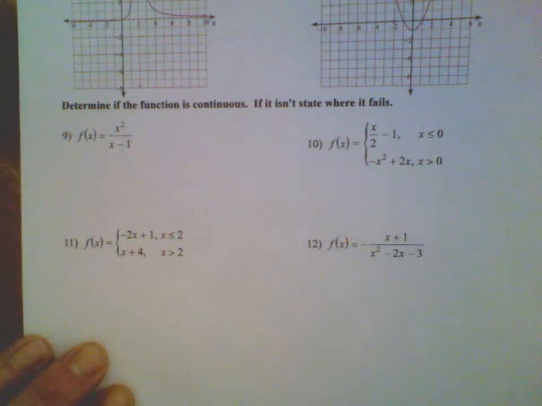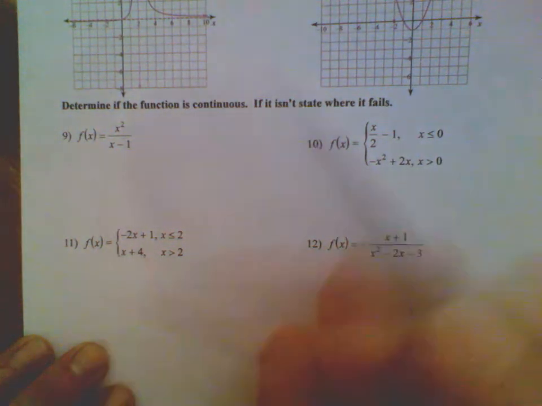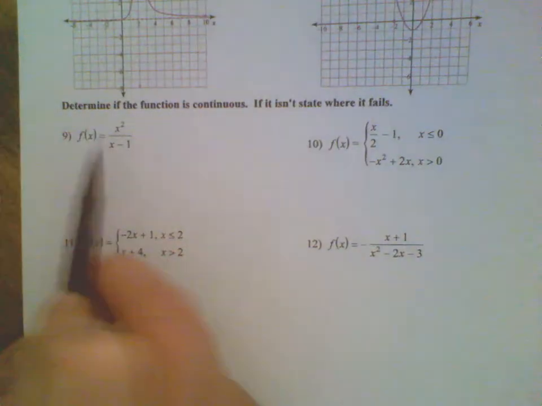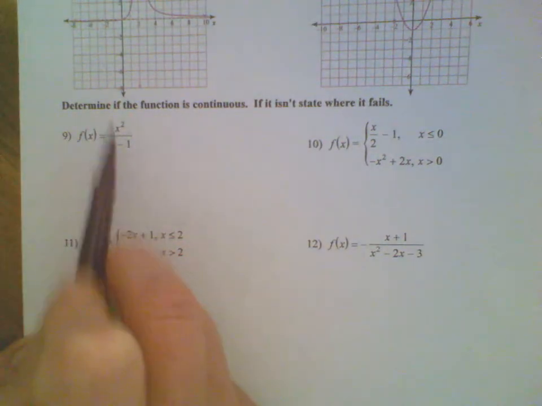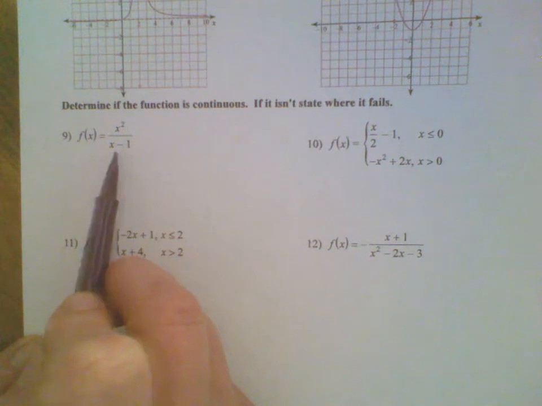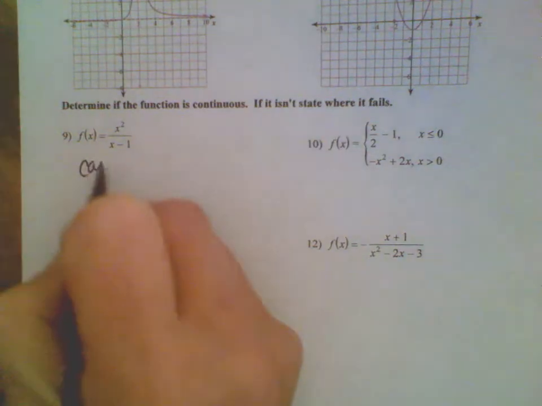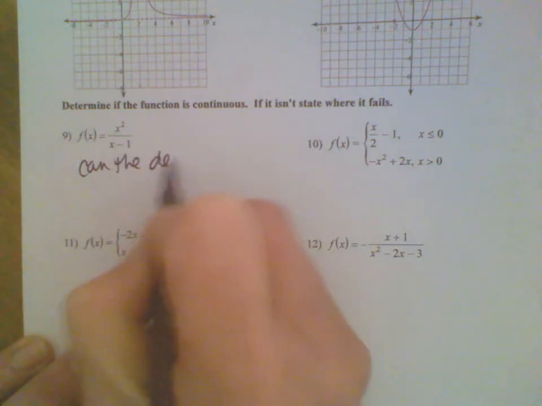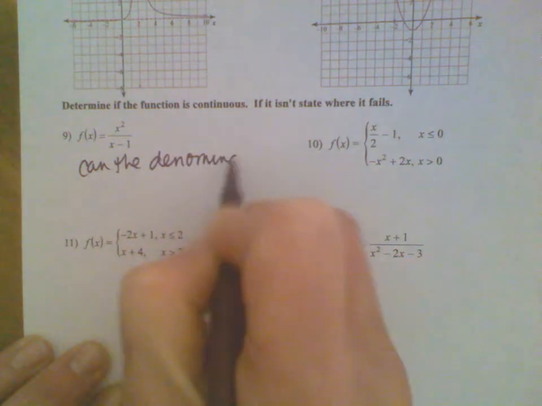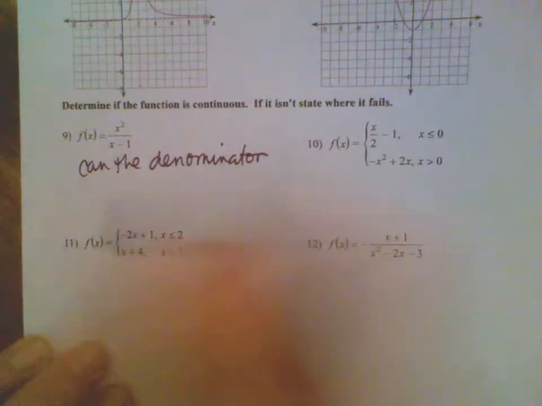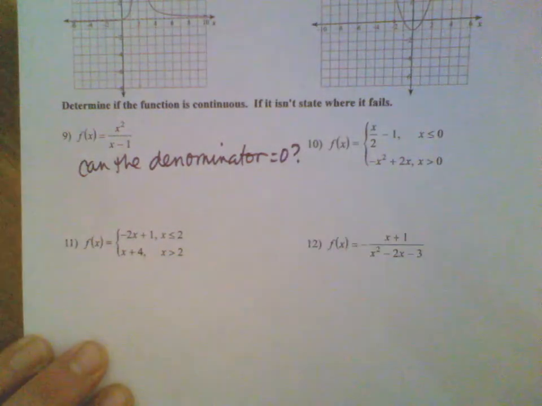So my 2 ways of checking those 2 things are, first of all, is it a rational function? If it's a rational function and it has a denominator, can the denominator equal 0? That's what I have to ask myself.